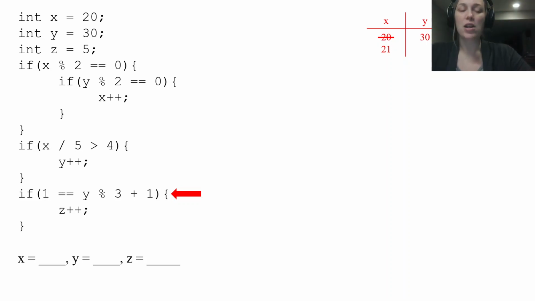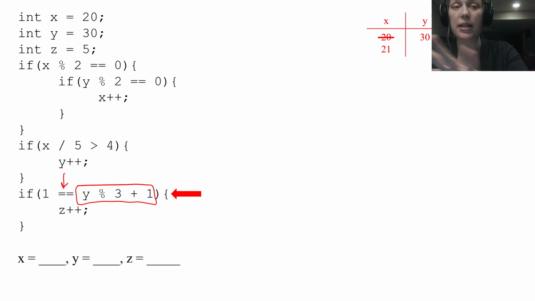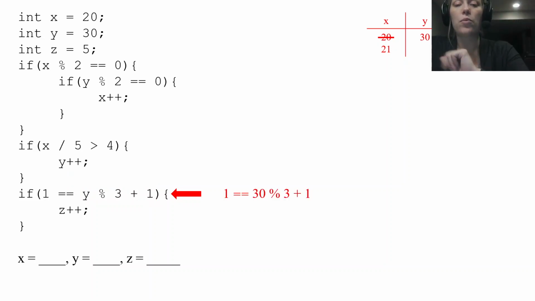Okay? So now we have two operators here, the mod and the plus, and then I have a comparison. So my operators happen first. Remember, mod happens before addition because mod is the same precedence as multiplication and division. So this is the statement with y plugged in. 30 mod 3 is going to be 0 because 30 is evenly divisible by 3.